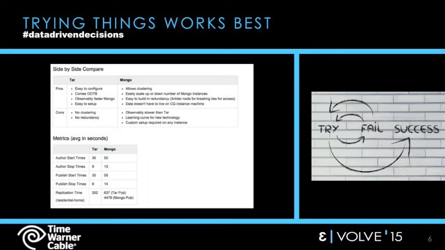For us, how we figure things out is we go try them, right? I'm sure a lot of you do the same thing to make your decisions. So for tar versus Mongo, this is just one of the examples, the team comes back with recommendations to the questions.